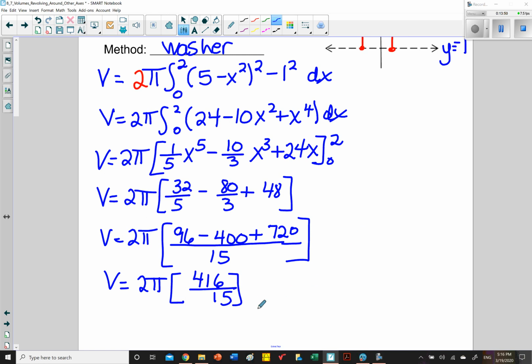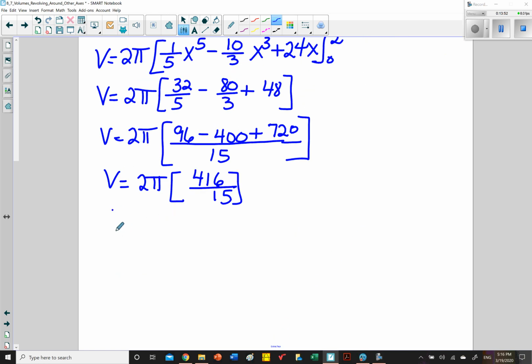So our total volume is 832 pi over 15. Okay, let's go to the next axis. So we got about, what, 4 or 5 more to do.